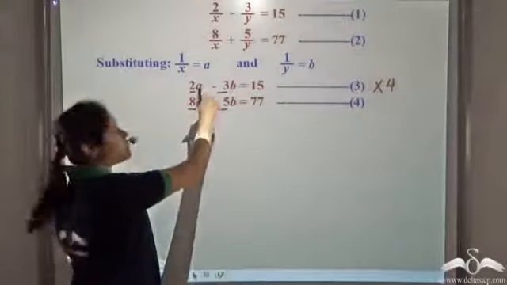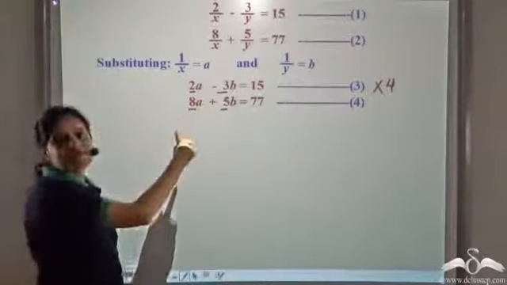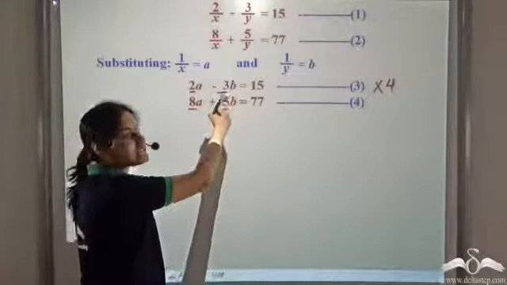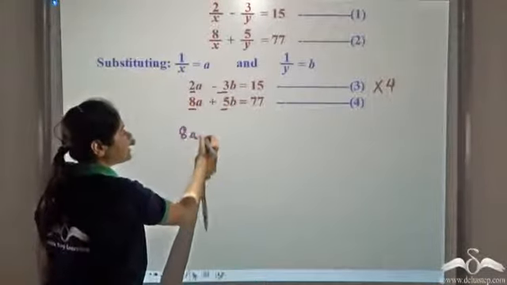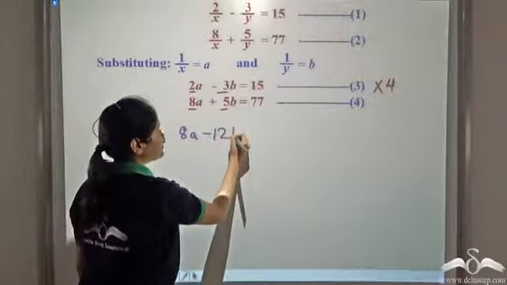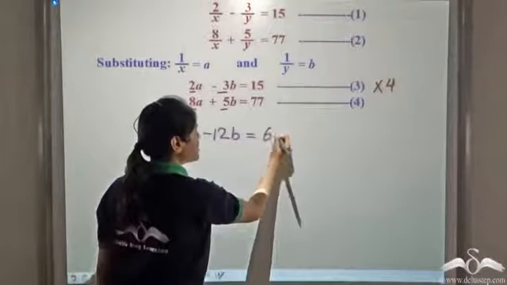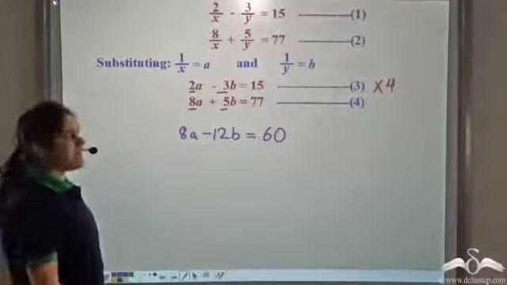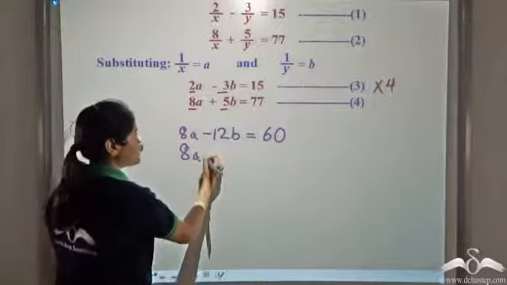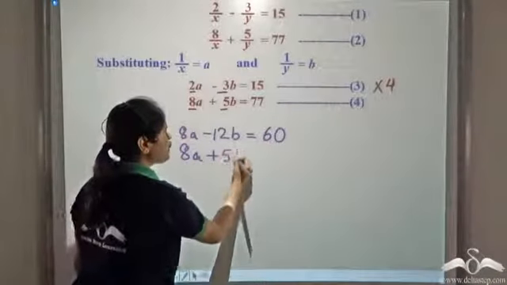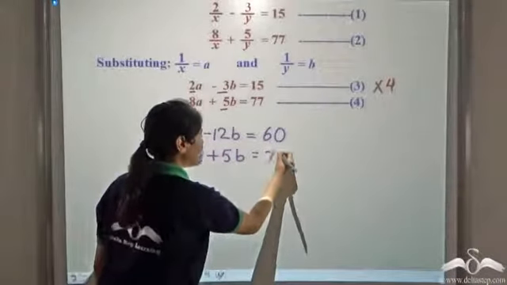So let us multiply this equation by 4. If we multiply equation 3 by 4, that is, we multiply both the sides of equation 3 by 4, we get 8a minus 12b is equal to 60. And we rewrite equation 4. So 8a plus 5b is equal to 77.